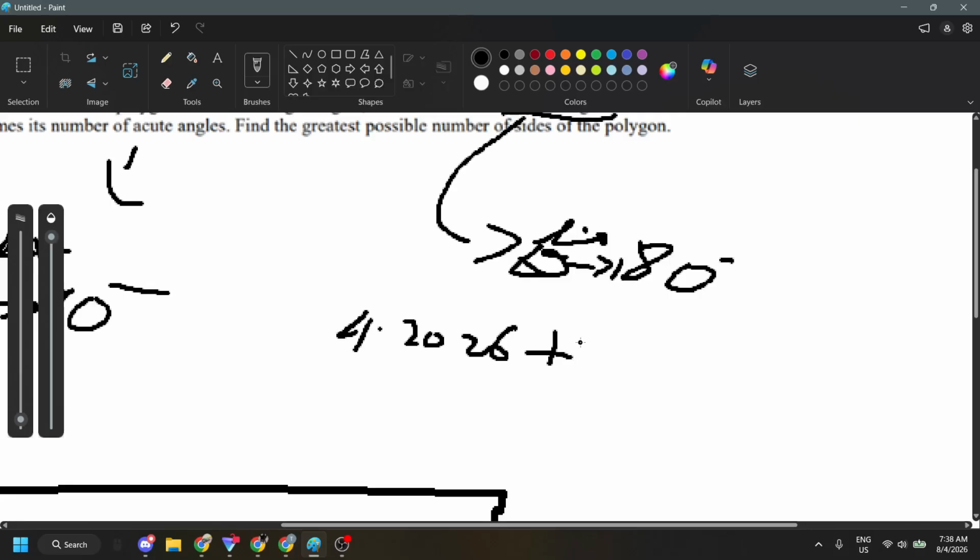Plus 4, which is 8108 plus 4, right? This is 8108, because 2025 would be 8100, and then we make it 8108.